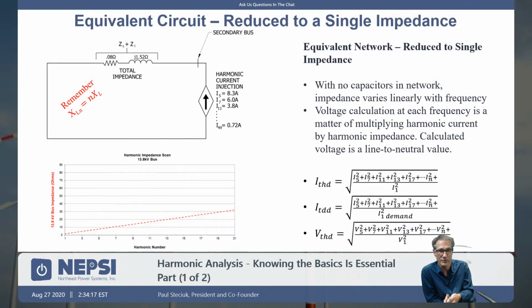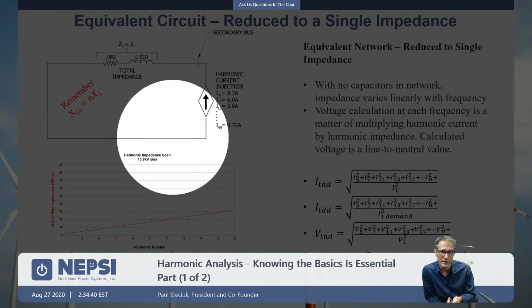And you do the analysis for each and every harmonic. So this is the thing with harmonic analysis, and it's one of the reasons to use these harmonic analysis tools, is that it becomes a significant number of calculations. It's like running a load flow, but at each and every frequency. It's not exactly the same as a load flow, but in concept it's similar to that.